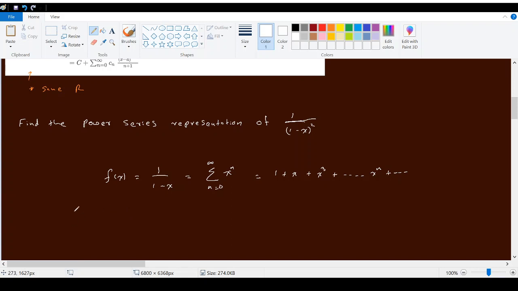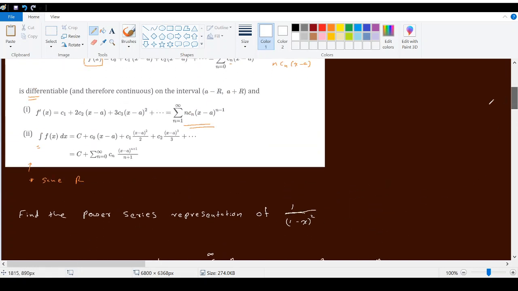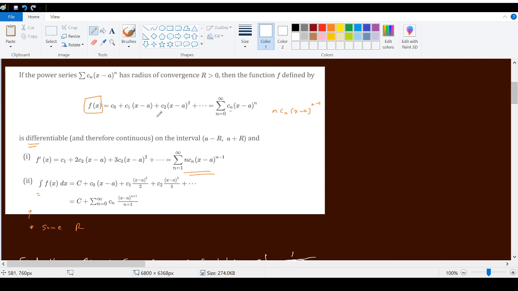So simply what we can do is observe the derivative of this original function. If you differentiate this one, you can immediately see that you will get 1 over (1 minus x) whole squared, right? And then from this theorem, we can say that when you have a function like this and you take the derivative, you can get the derivative term by term.